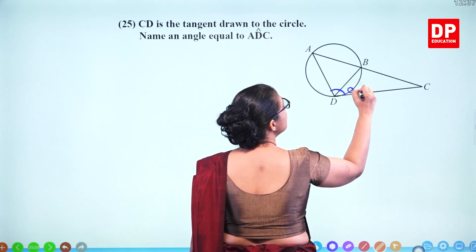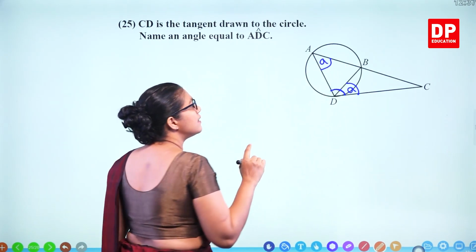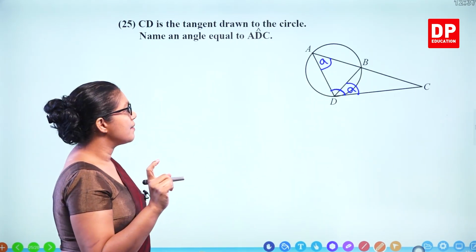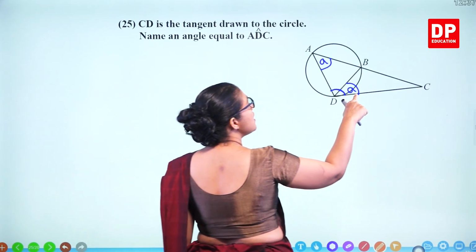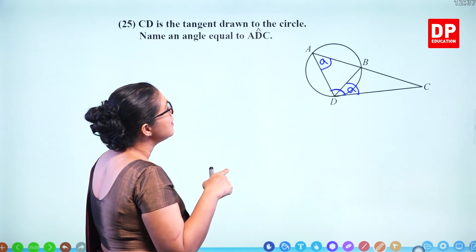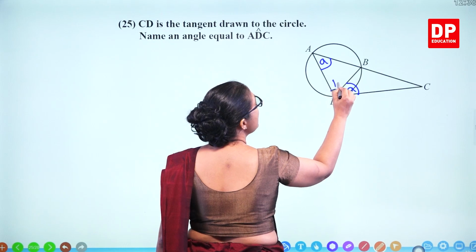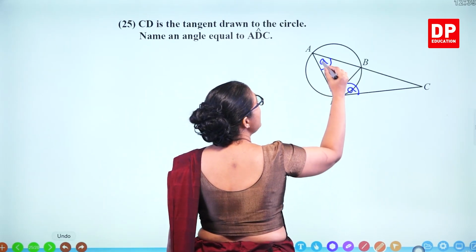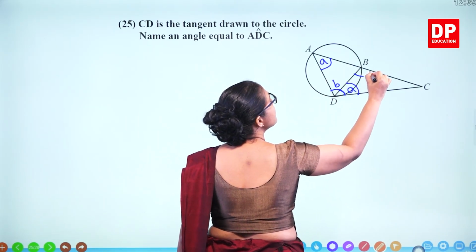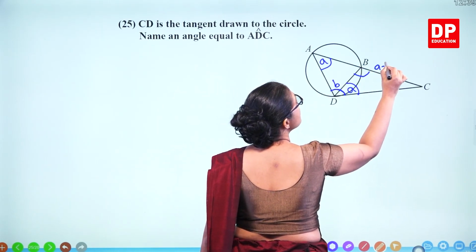This angle, we'll put A, that is equal to this angle. Alternate segment theorem: the angle between tangent and the chord is equal to the angle in the opposite side. Now let's take this angle is B. So this is B, so this is A. This is the exterior angle to these two angles. So that's A plus B.